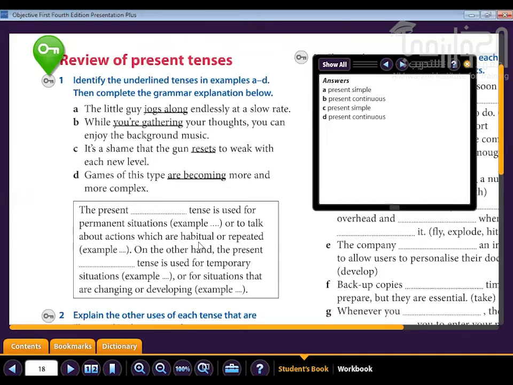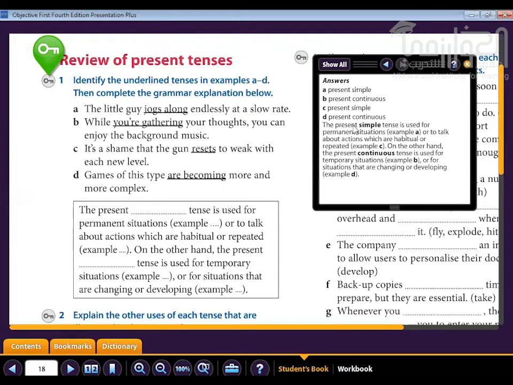So when we talk about things that we do again and again, or things that are permanent, that is, they are fixed, they don't change. That is, we use what, and here you can see that we normally use the present simple for that. So we can see this is the explanation. The present simple is used to talk about permanent situations.